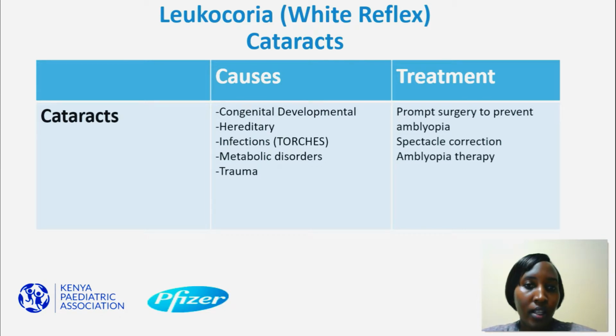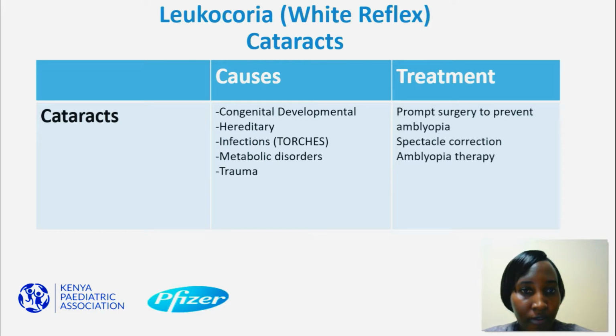So for cataract, what is very important is because it is opacification and affects light entering the eye, as you had said before, it will predispose to amblyopia. And the other thing is that you need prompt treatment as soon as the diagnosis is made, regardless of the age of the child.